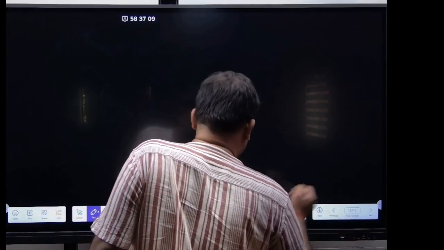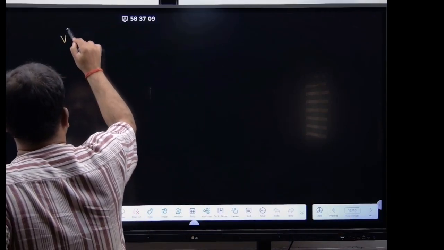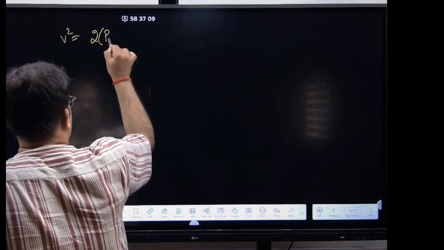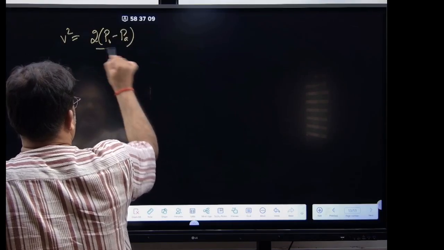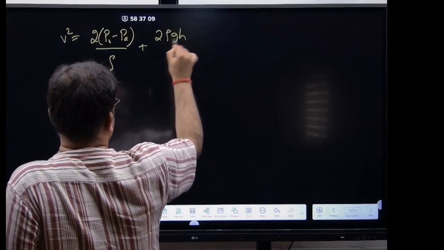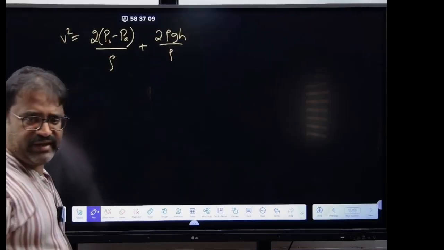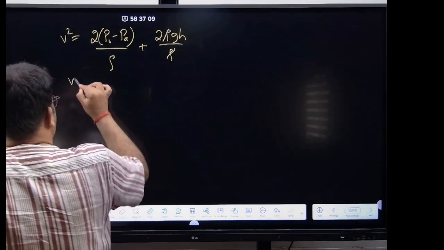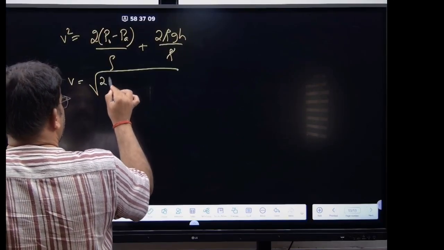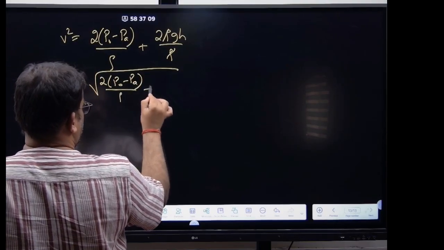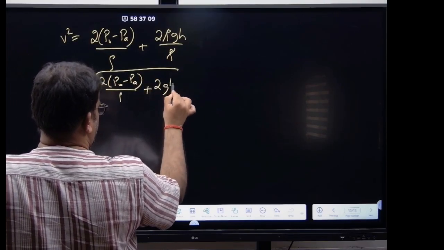So that means now we get V square is equal to 2 times P naught minus PA divided by rho plus 2 rho g h divided by rho. Can we cancel something off? Rho can be cancelled off. That means V is equal to root of 2 times P naught minus PA whole divided by rho, plus 2gh.